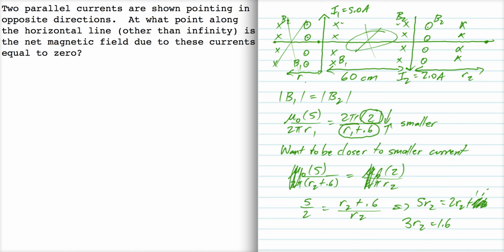I'm sorry, a mathematical error there. 2 times 0.6 is 1.2. Yeah, so that gives me R2 is equal to 0.40 meters. Okay, so we're 0.40 meters from I2. If you instead solve for the distance from I1, then that would be 1.0 meters, because this is 0.4 meters. Okay, so there's your answer.